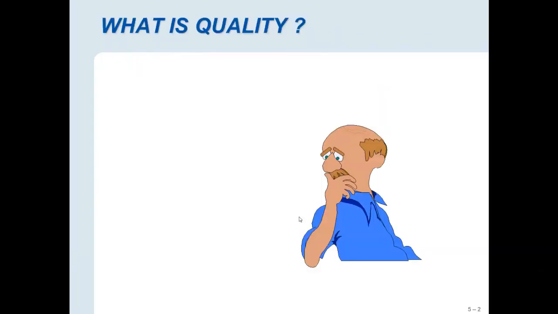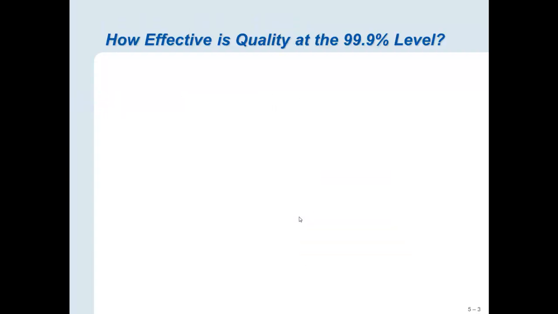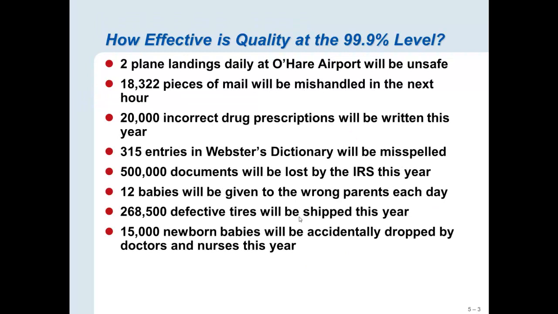Now, the meaning of quality. Quality is in the eye of the beholder. It is very difficult to define. Defining quality is challenging. You can define quality by using percent effectiveness.